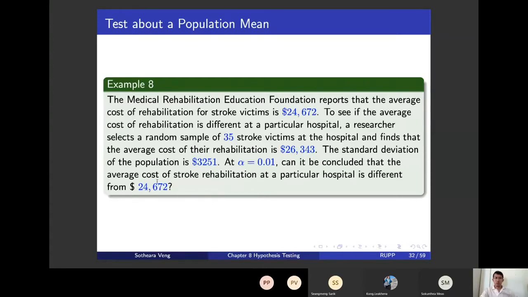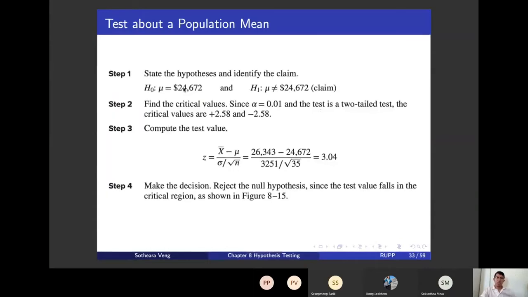So we want to know if the average cost of stroke rehabilitation at a certain hospital is different from this specific value. And we want to test whether they are different from this.